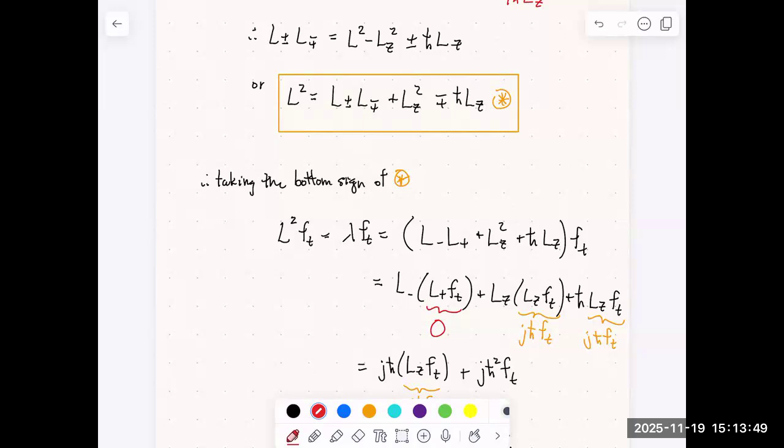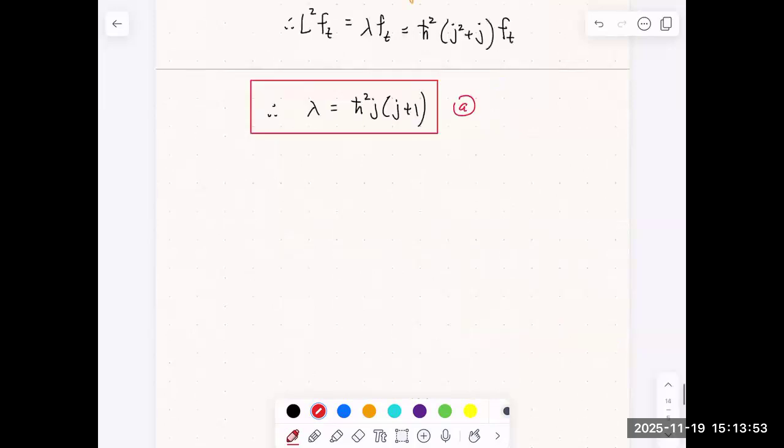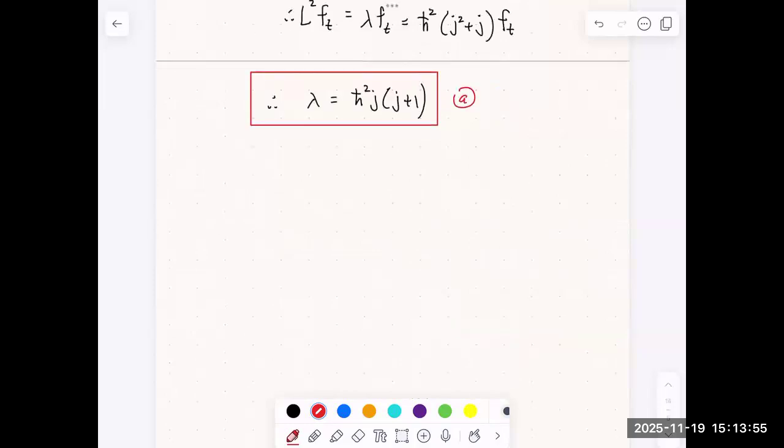Then we'll just have to deal with these remaining things, and we're going to get a second expression, equation B. Lambda is going to be equal to some stuff that involves H bar and J's. We'll have two expressions for lambda, and we'll try to figure out how to bring them together.